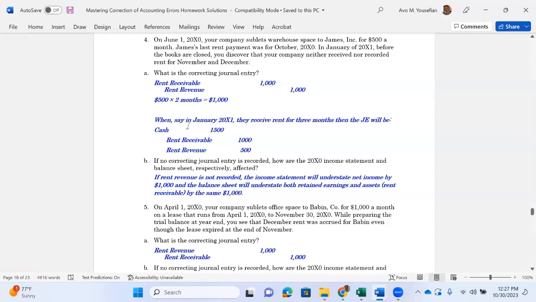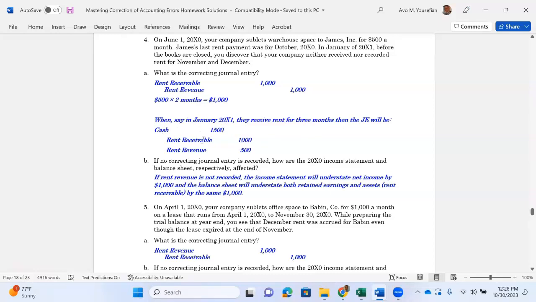Okay. Let's say in January of 2021, they pay rent for 3 months. What is the journal entry? Let's say in January, finally, after calling them several times, they send us a check for $1,500 for the 3 months that they're supposed to pay. So we record the cash that they send us, that's a debit, to increase asset.